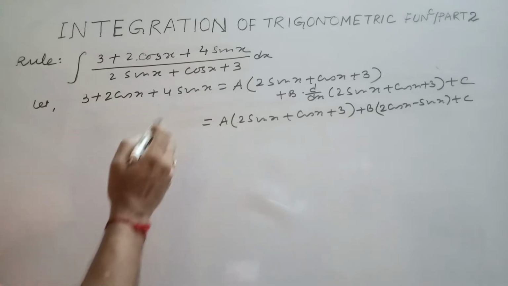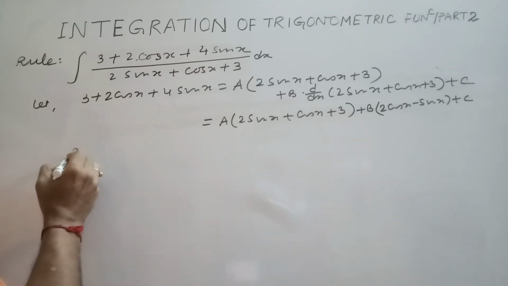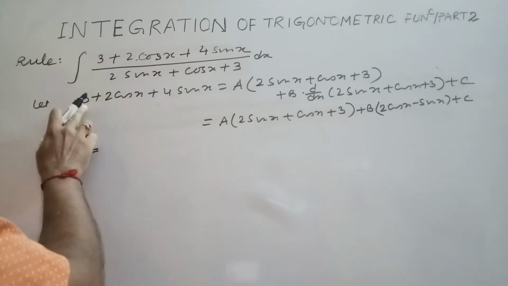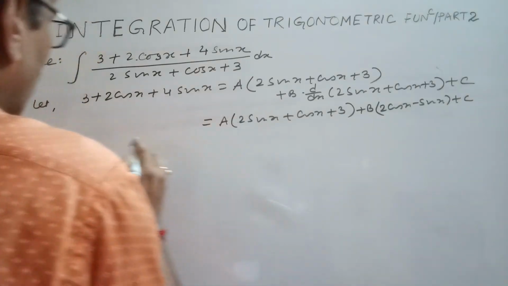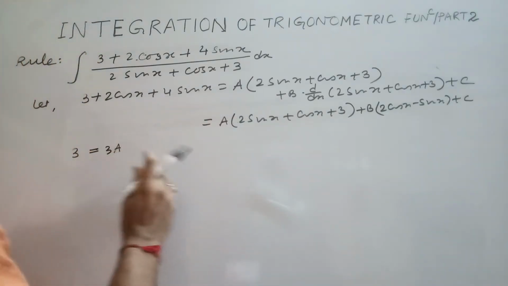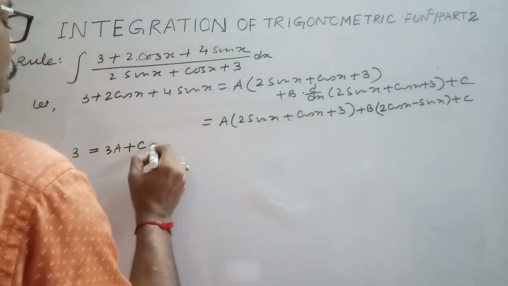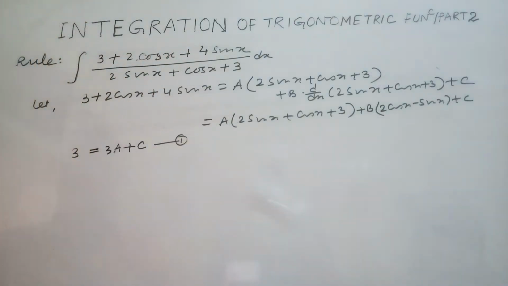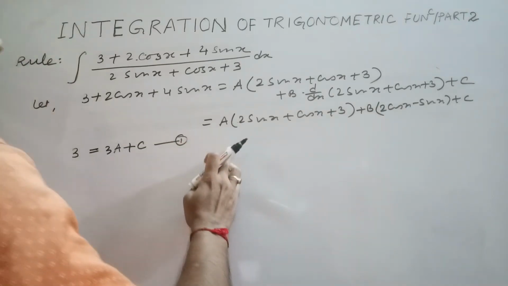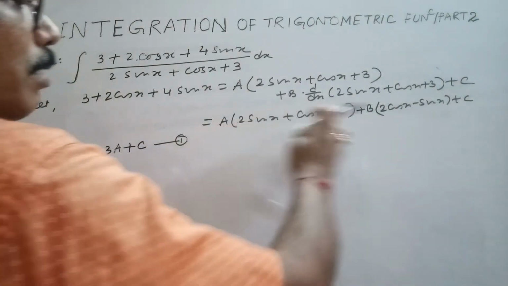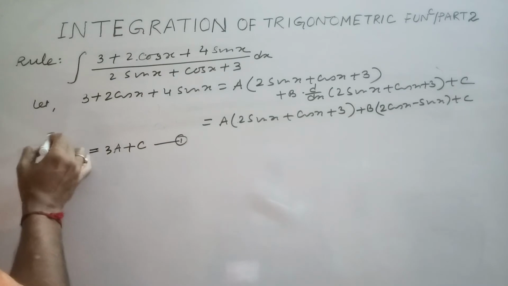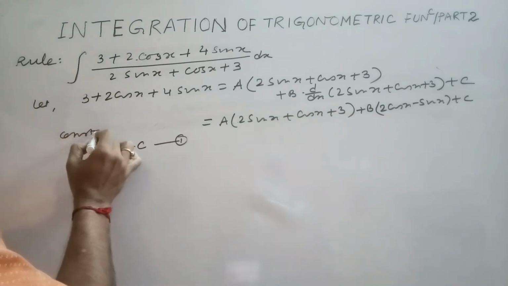So, constant term: 3 equals, in the left hand side the constant is 3, in the right hand side it is 3A plus C. So, this is equation 1: 3 equals 3A plus C.